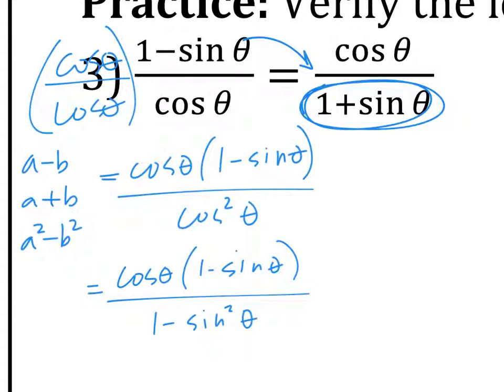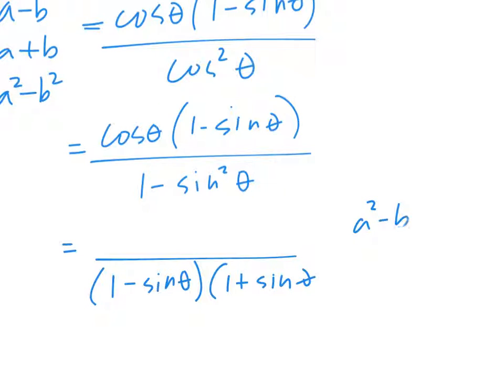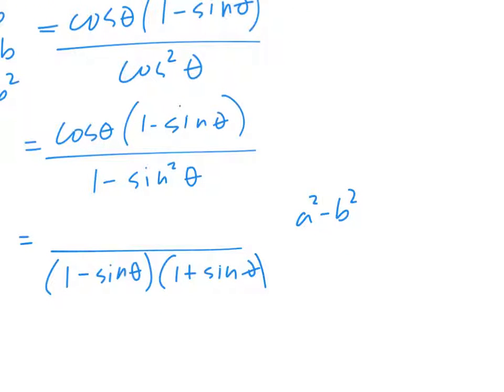So what do you do with the cosine? Cosine squared is 1 minus sine squared. Oh, okay. Thank you. All right, so at this point, 1 minus sine squared becomes 1 minus sine times 1 plus sine. Okay, a squared minus b squared is a minus b times a plus b. Didn't know you can apply this? Yes, you have to apply it.